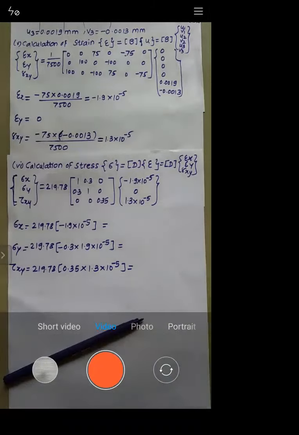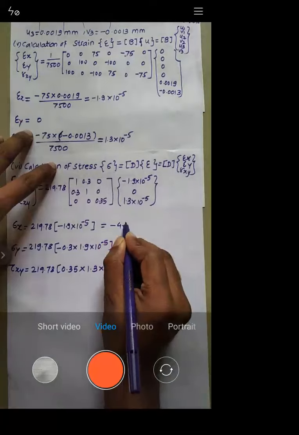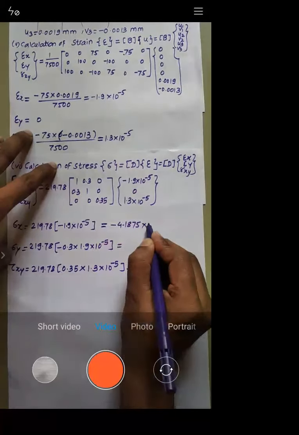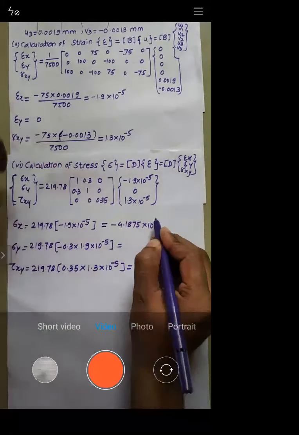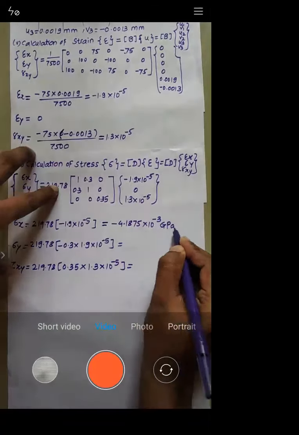So sigma x is minus 4.175 into 10 to the power minus 3 gigapascal.